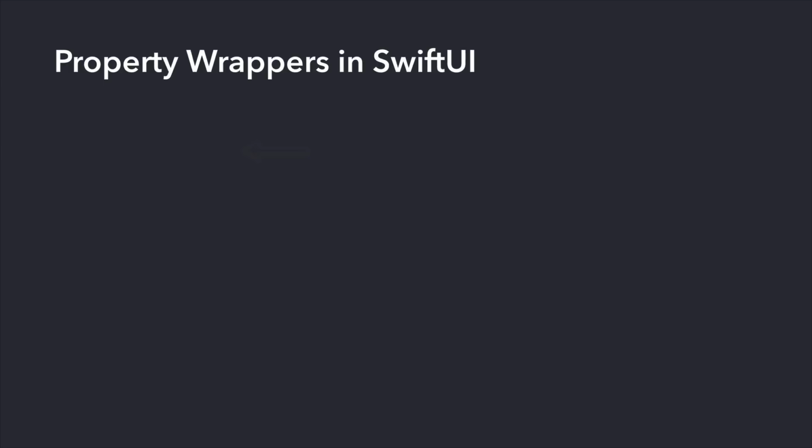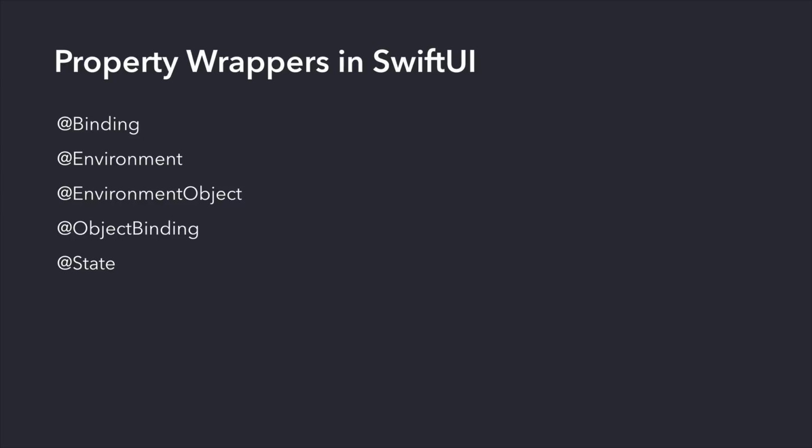We can now have a look at the property wrappers that are used in SwiftUI. We have Binding, Environment, EnvironmentObject, ObjectBinding, and State. And we're going to focus on these two, EnvironmentObject and State, right now in practice.